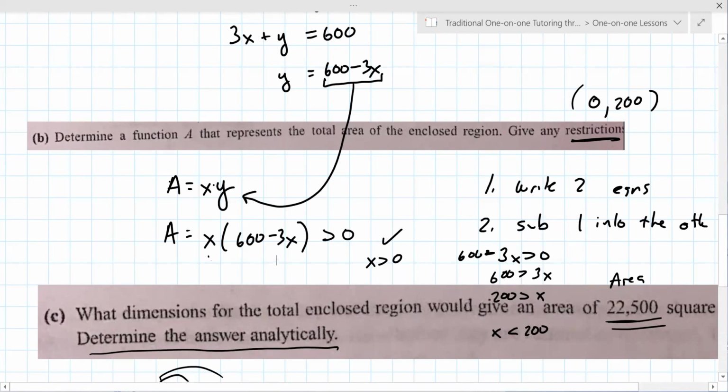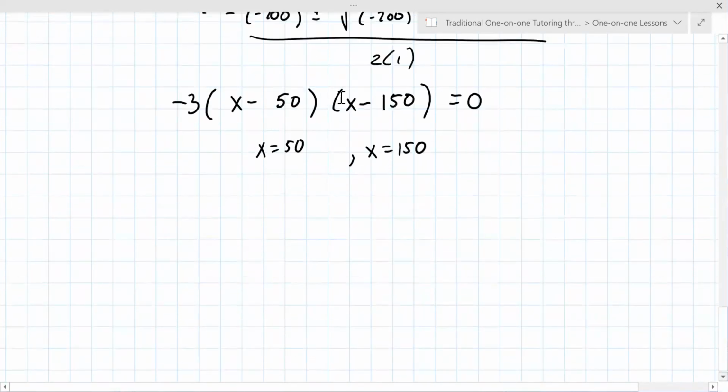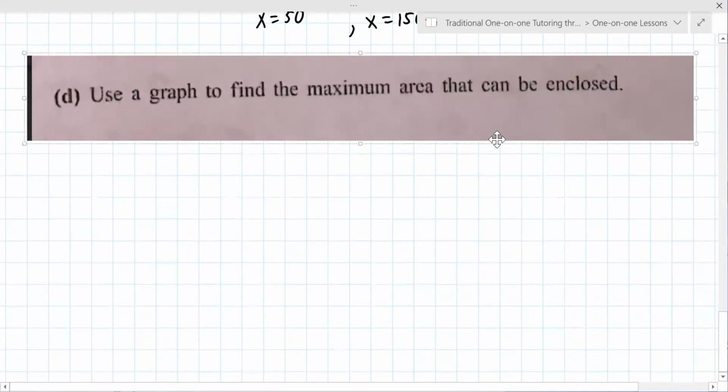All right. Use a graph to find the maximum area that can be enclosed. So this one is a little bit different. The original function, the area function, was x times (600 minus 3x).